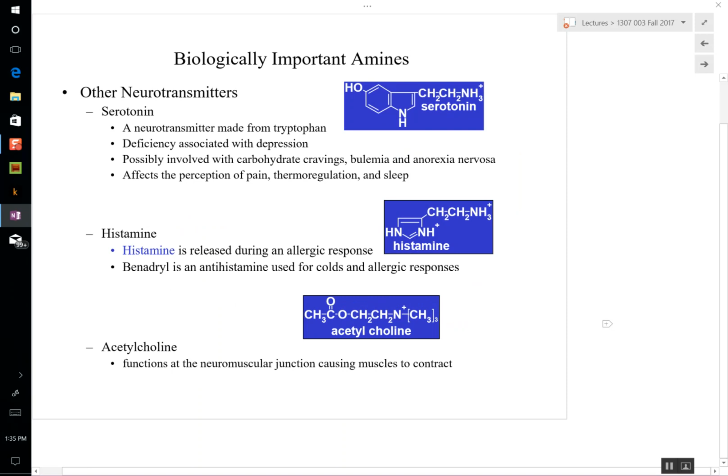Serotonin, histamine, acetylcholine, we mentioned earlier. Antihistamines are trying to suppress the release of histamine, which is an inflammatory response. Your body gets something that it doesn't like, an allergic reaction, and it starts this inflammatory response. So antihistamines are trying to suppress that response.